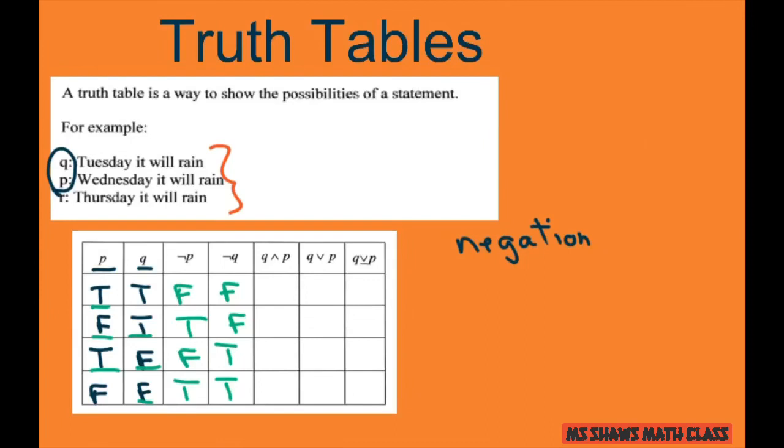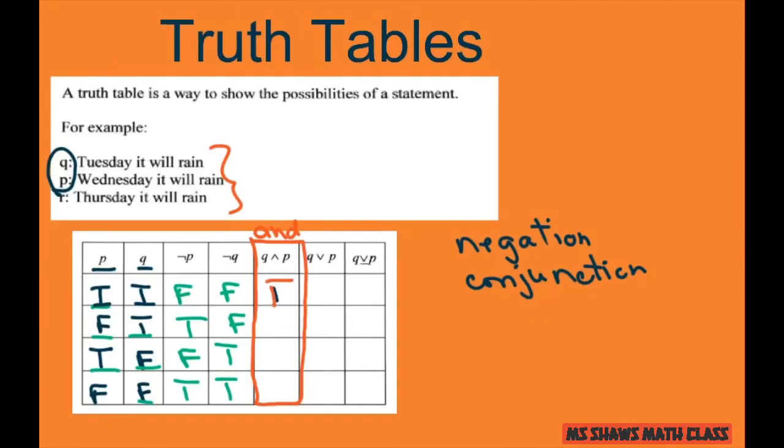All right. Now, looking at these, this is your conjunction. This is your and statement. For the conjunction, the way you set it up is you're doing true and true. True and true is always true.